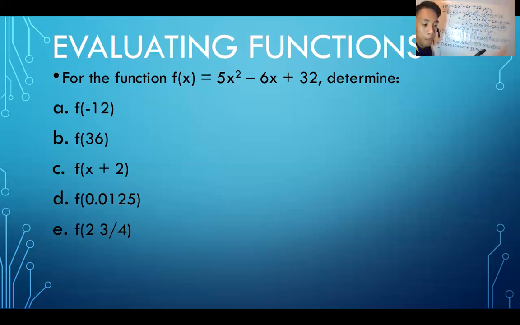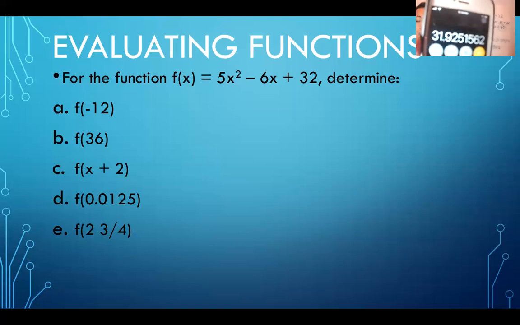31.925 plus, okay, nag-plus tayo. And then the number here, 0.000152625 equals. The answer is 31.93. Okay? I-round off na natin para hindi tayo makokopya ng madami-daming numbers.